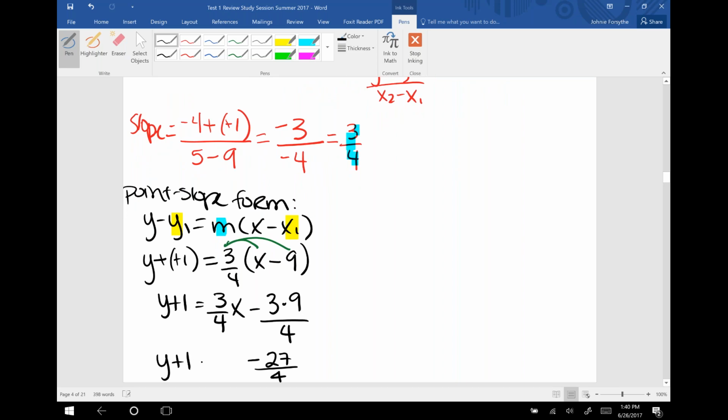So we have y plus 1 equals 3/4x minus that 27/4. And then finally, we want to get it in slope-intercept form, so we got to get that y by itself. So we're going to subtract 1 on both sides. So y is equal to 3/4x.